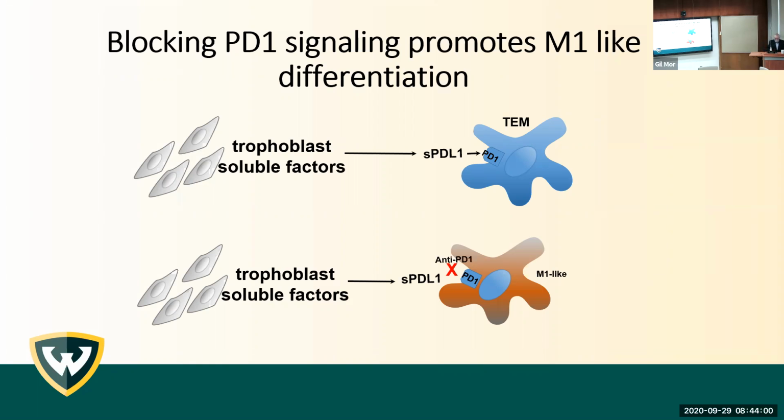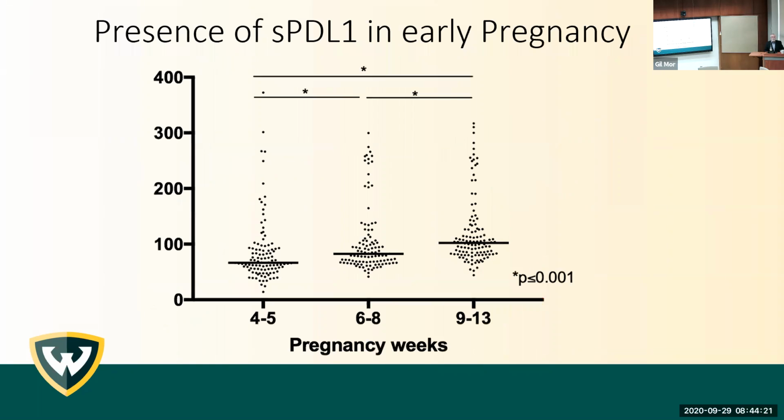So PD-1 is extremely important. Soluble PD-L1 produced by trophoblast cells, produced by the placenta, is essential for the differentiation of monocytes, or at least of M1 macrophages, into an M2.